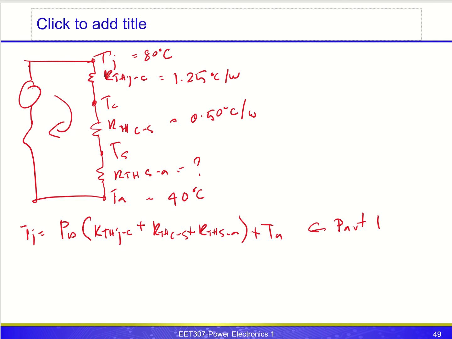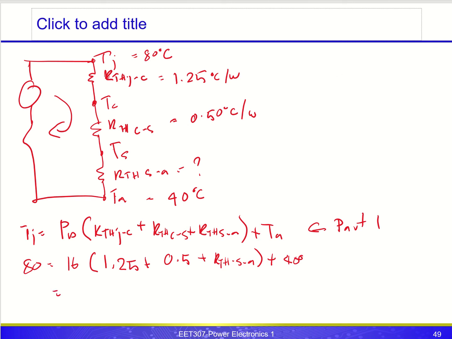Okay, so according to this, for the value of TJ we have the value of PD, which is 16, and the value of the RTH JC is equal to 1.25, and then the RTH CS is 0.5. The RTH SA we don't have, and the value of the TA is 40 degrees Celsius.